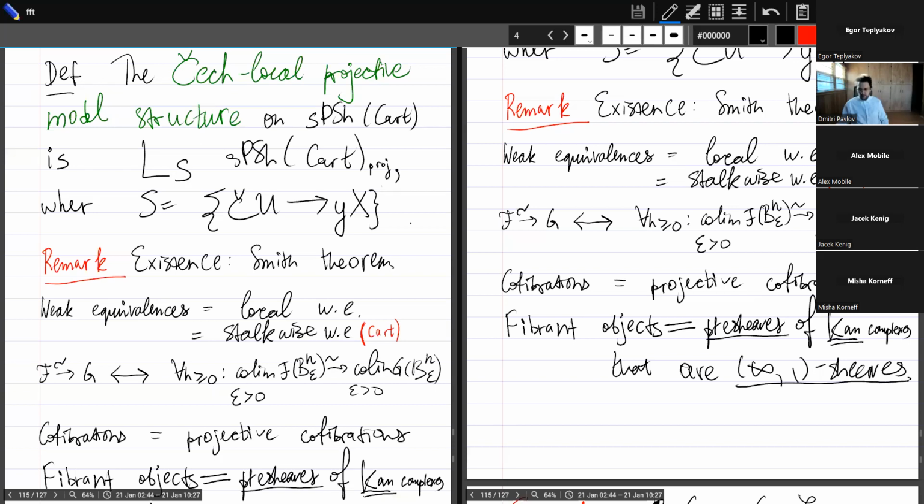So the projective model structure has as fibrations and weak equivalences the objectwise fibrations and objectwise weak equivalences. And you do a left Bousfield localization of this model structure with respect to the set of all morphisms which are given by the Čech nerves of good open covers of an element in the site.